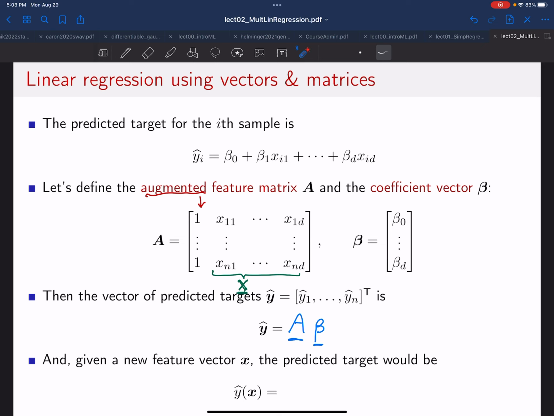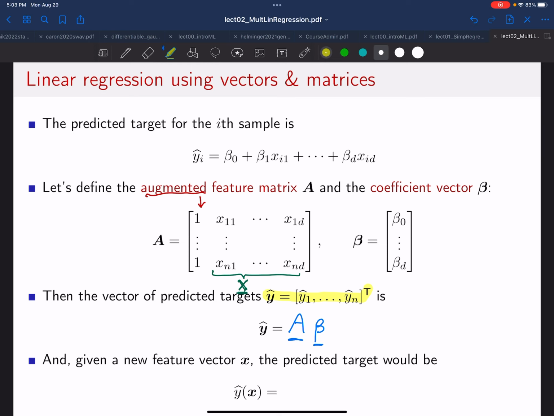And I want to write this for all the different i's, from i equals 1 all the way through i equals n. So I'm going to stack these into a column vector. So the first one is going to be y hat 1 all the way to y hat n.